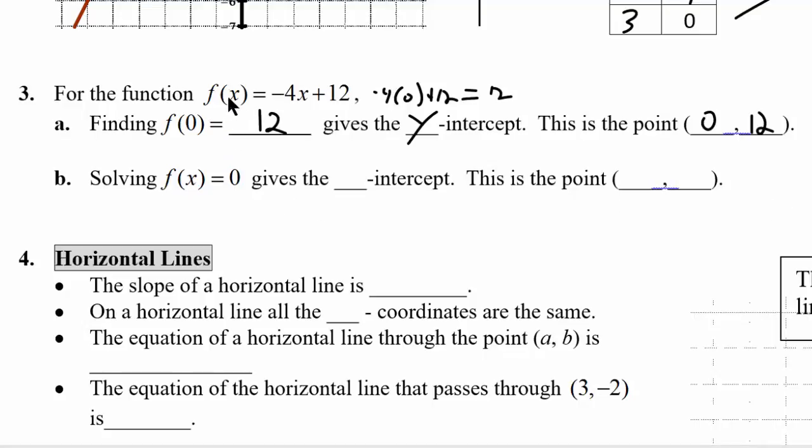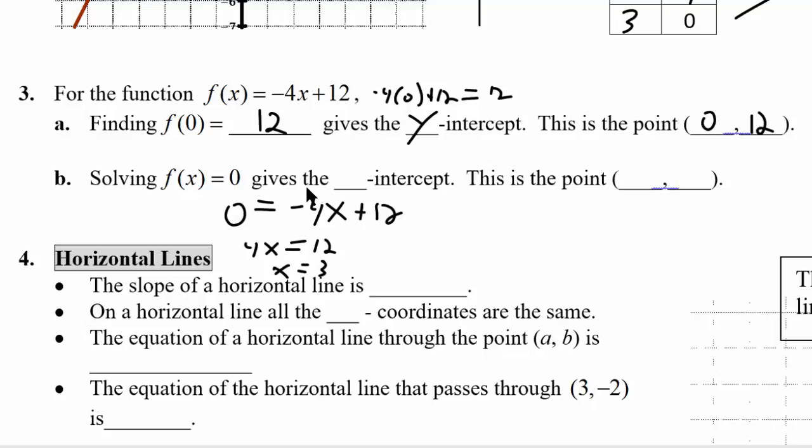Now it says solve f of x equals 0. So now I'm going to replace f of x with 0 and solve the equation that's left. If I add 4x to both sides, I end up with 4x equals 12, and then I can divide everything by 4 to get x equals 3.